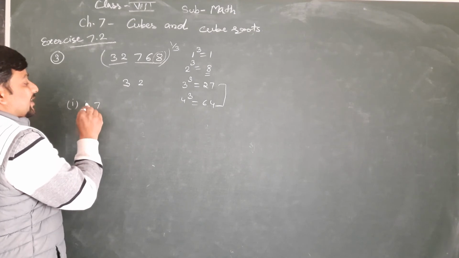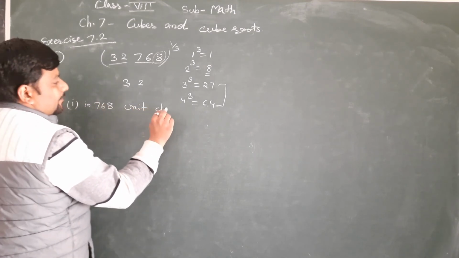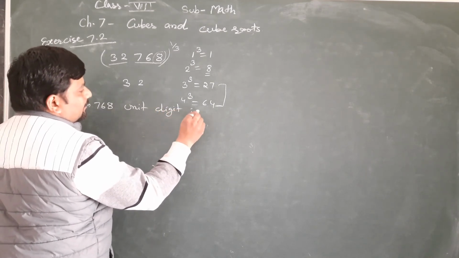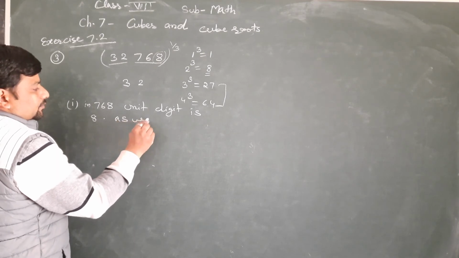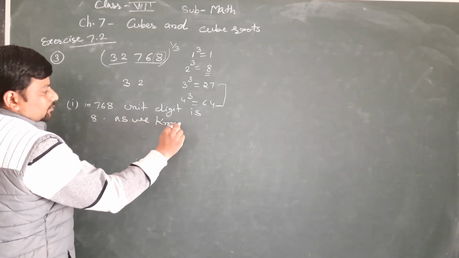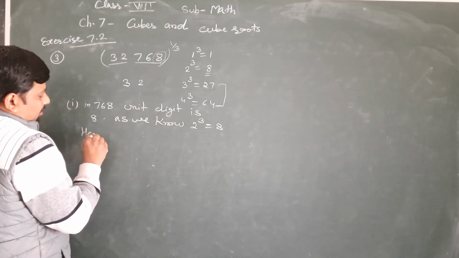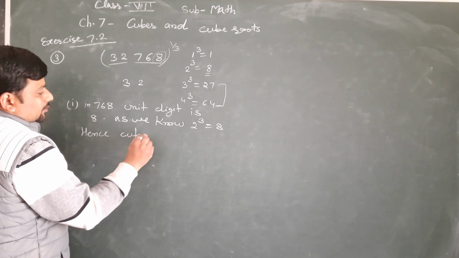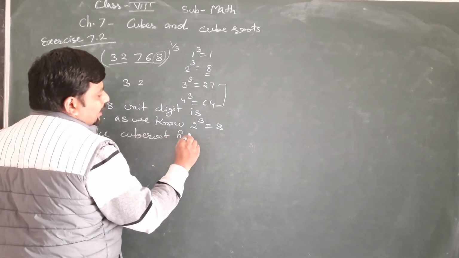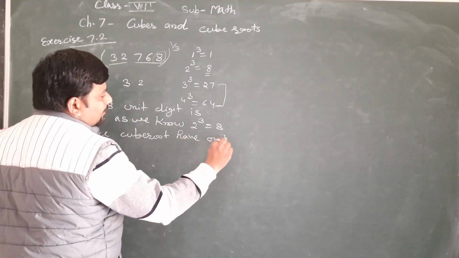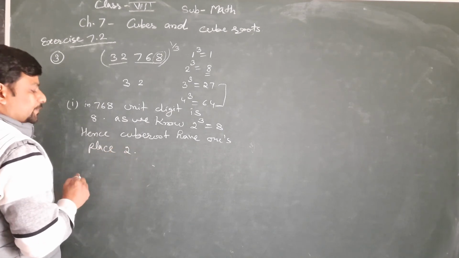In 768, the unit digit is 8. As we know, 2 cube is equal to 8. Hence, the cube root will have ones place two.